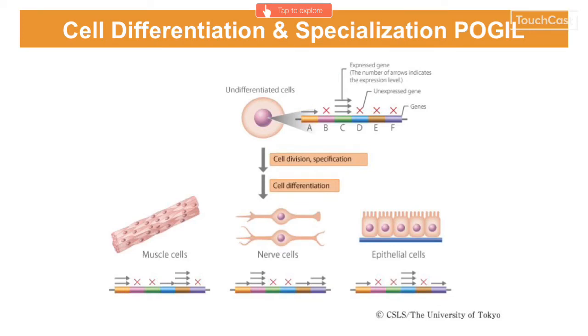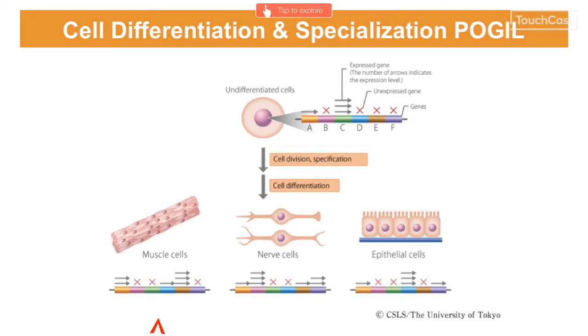These stem cells are going to be expressing these genes, and then they can go through cell division, right? And remember that one of those daughter cells will stay as a stem cell, and the other one can actually differentiate. Through differentiation, we can get muscle cells, nerve cells, and epithelial cells.